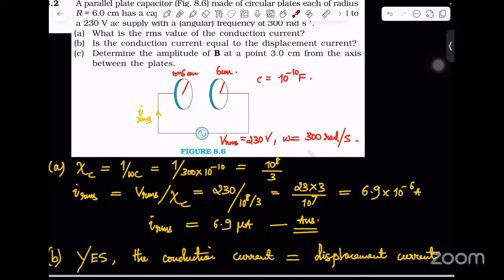So this is the axis, and the point is 3 centimeters above the axis. We have to find the amplitude of the magnetic field, because an electromagnetic wave is an oscillating wave of electric and magnetic fields. So we need to find the amplitude of the magnetic field here.